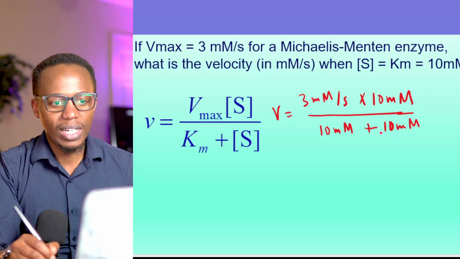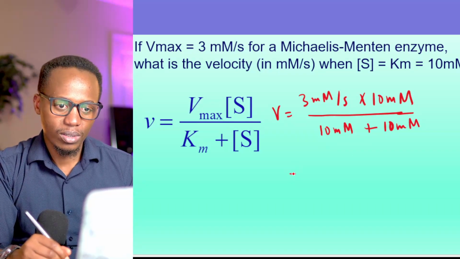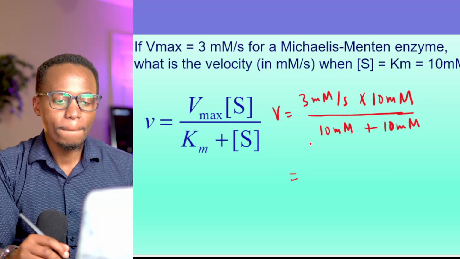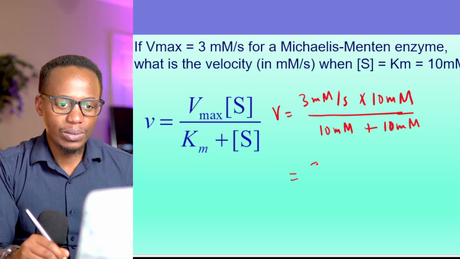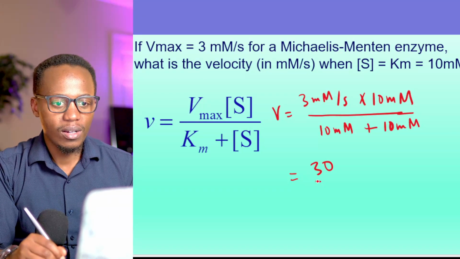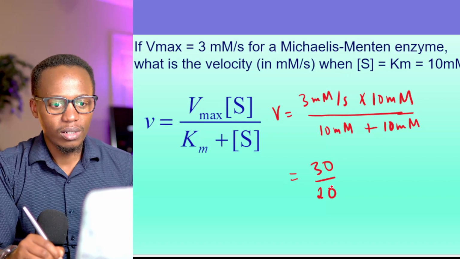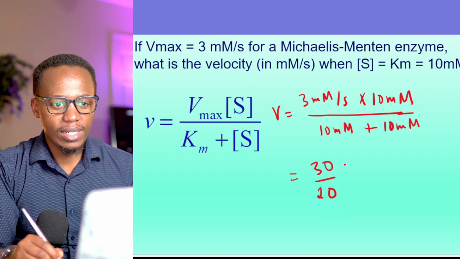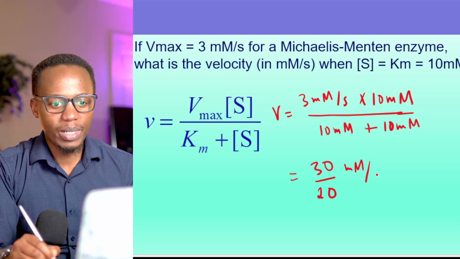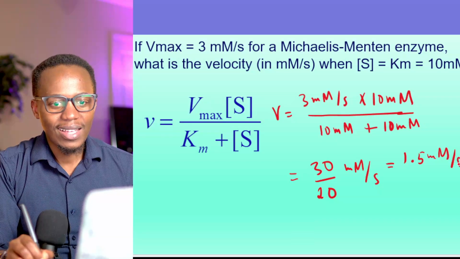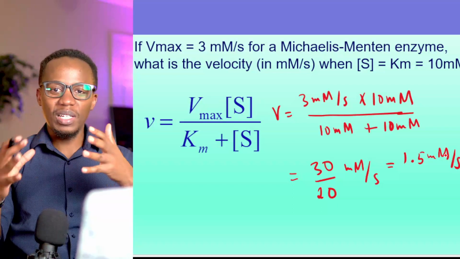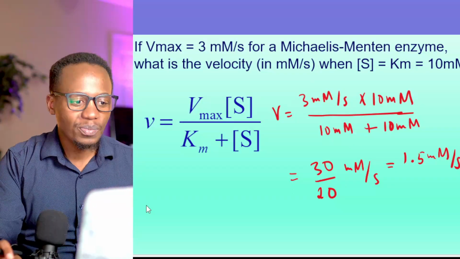This one is pretty easy. So it's going to be equal to 30 over 20 basically, and the velocity is in millimolar per second, and this is just 1.5.